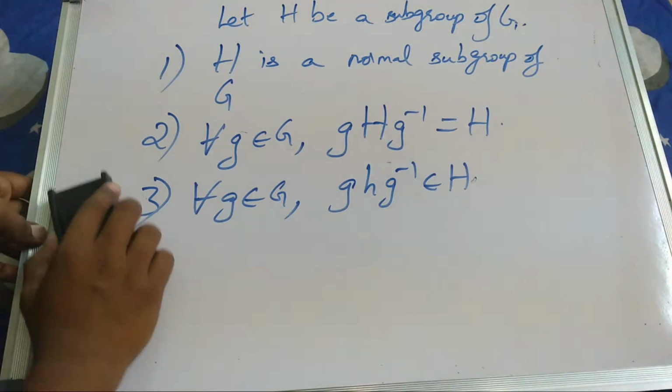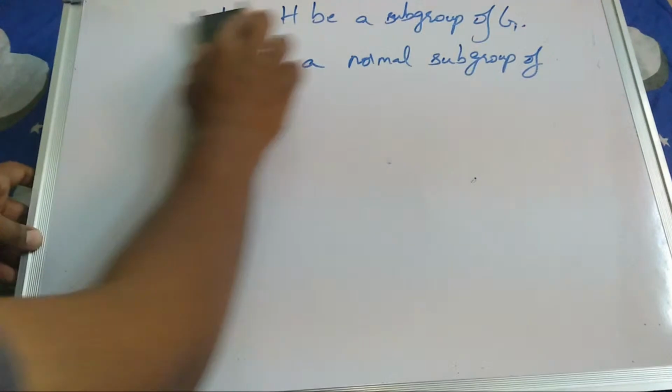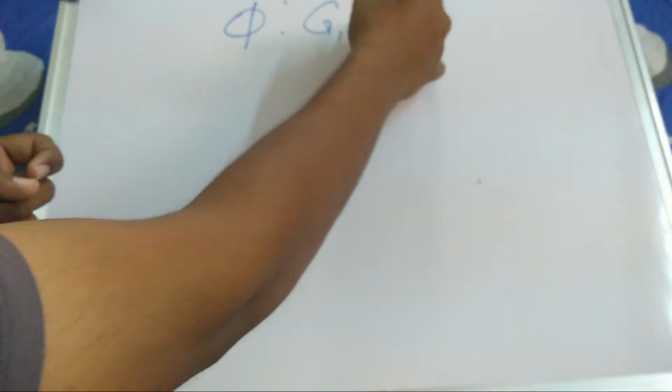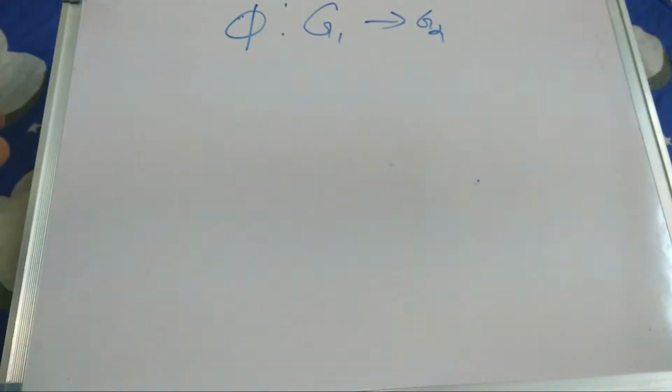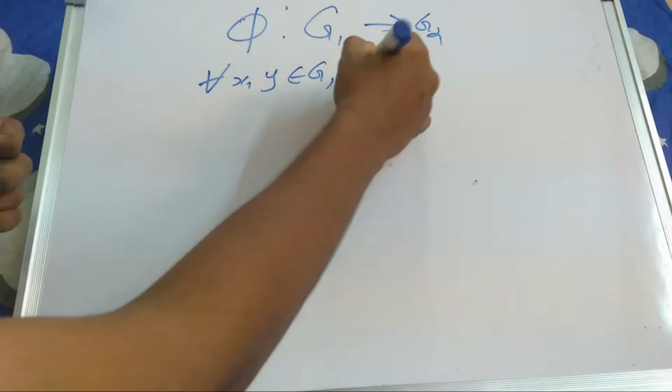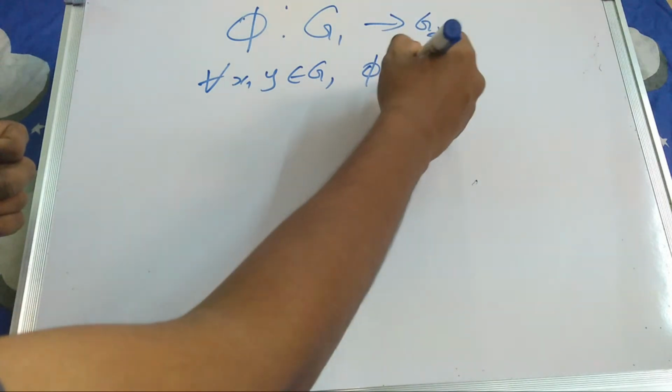Now, as we defined earlier, we call phi from G1 to G2 a homomorphism when for every x, y in G1, phi of xy is phi of x into phi of y.